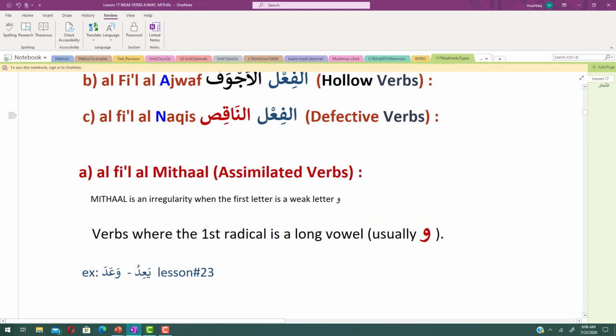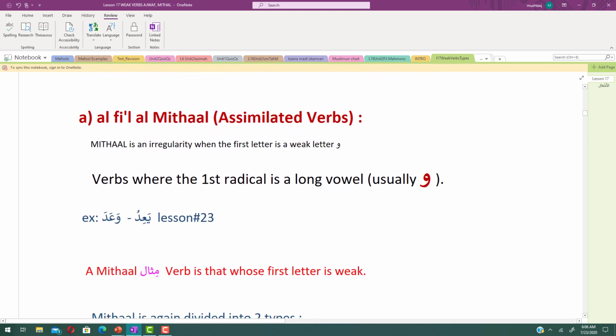Al-fi'l al-mithal, or the assimilated verbs. Mithal is an irregularity when the first letter is a weak letter, a vowel. Verbs where the first radical is a long vowel. For example, wa'ada ya'idu. This you're going to learn completely in lesson number 23 of Unit 2, inshallah.